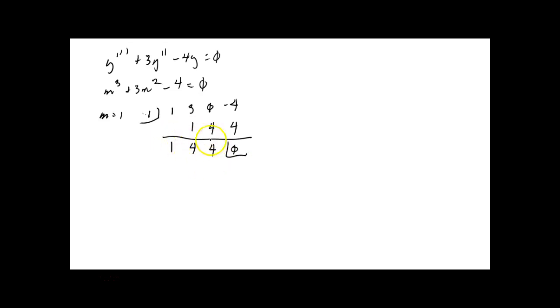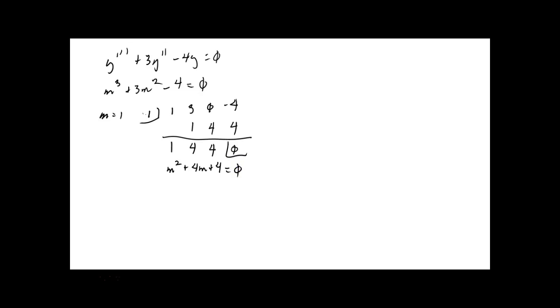So what does this quotient line at the bottom represent? That's m squared plus 4m plus 4, and set that equals 0.